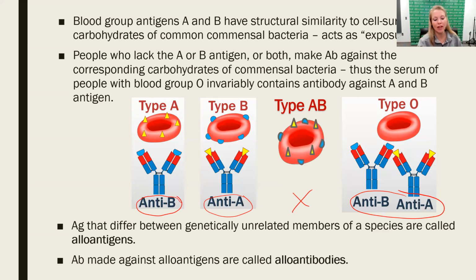Now, please note that these antibodies, I have them drawn as IgG, but in a real situation, individuals have these antibodies inherently against the other type of blood group antigen because of commensal bacteria having sugars that look like ABO blood groups.